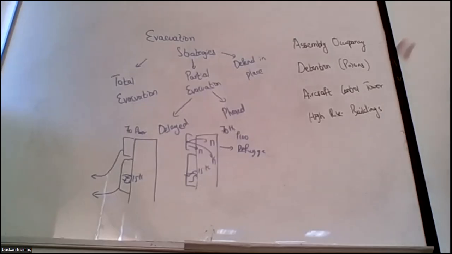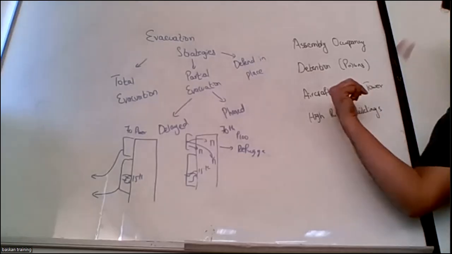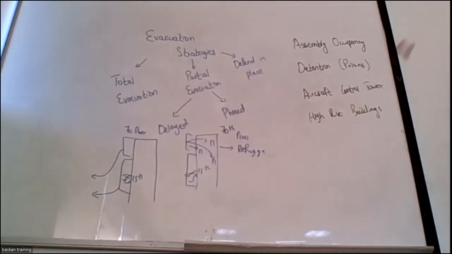We don't want a person, of course, to leave the facility. So you have aircraft, yes. So it is always designed as defend in place strategy, right? You don't want the person who is in charge of directing the planes for landing and take off to evacuate from that area. So whenever the aircraft control tower type of facility is there, they are always designed for defend in place strategy. Worst scenarios can always occur.